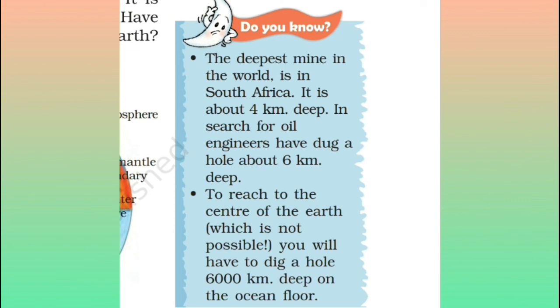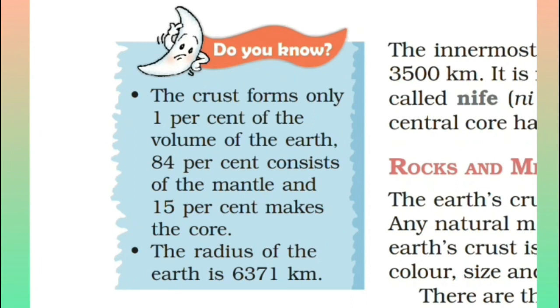So keep it in mind these two points: the deepest mine in the world is in South Africa and it is 4 kilometers deep, and to reach the center of the earth we'll have to dig a hole about 6,000 kilometers deep on the ocean floor. Again, do you know the crust forms only 1% of the volume of the earth, 84% consists of the mantle and 15% makes the core.